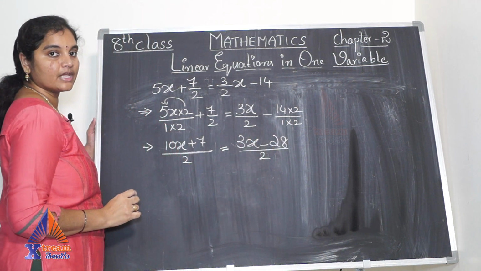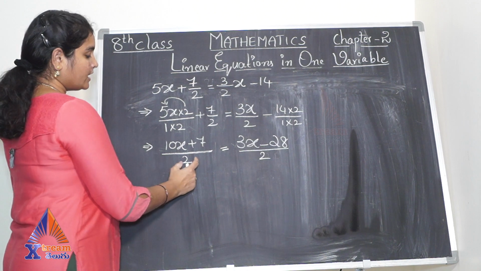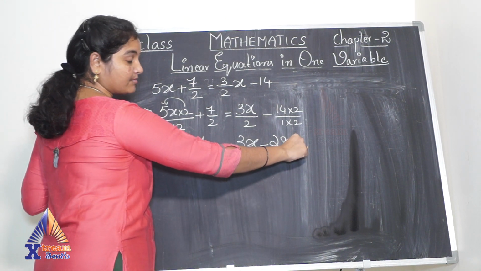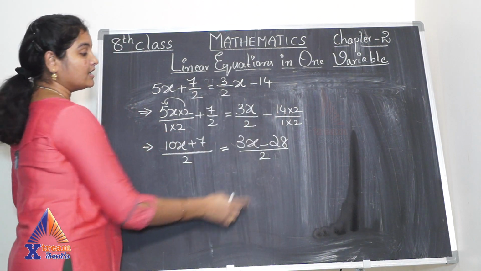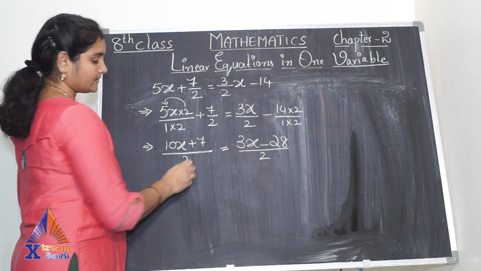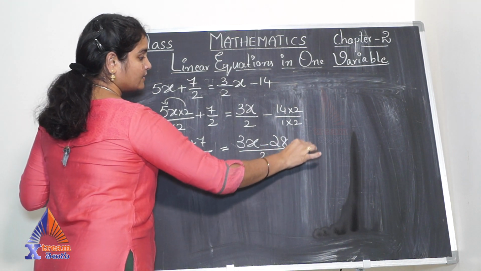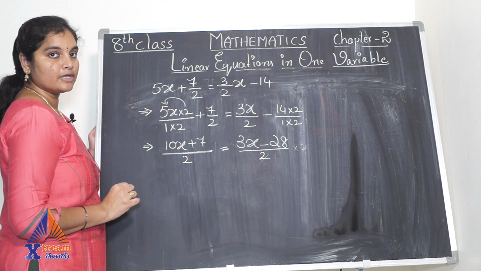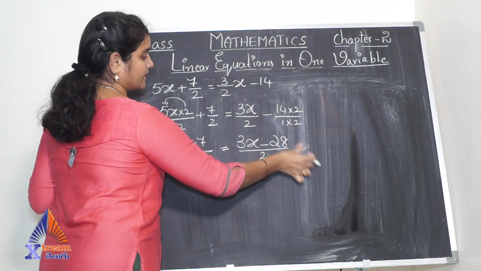Now here is a simple logic. When this 2 is getting divided, if it goes to the other side it becomes multiplication, and this 2 and the 2 from there get cancelled. So I'm writing just an imaginary thing. We'll get it like this, and this 2 gets cancelled. So why not we avoid this step?